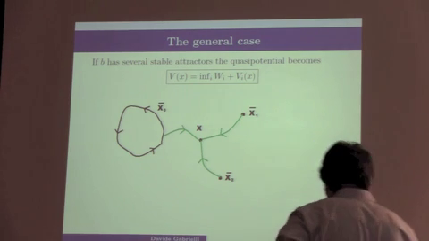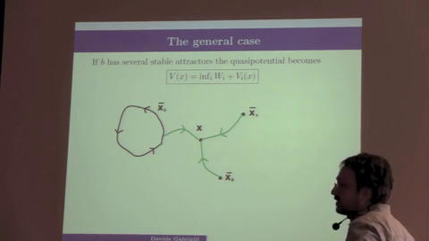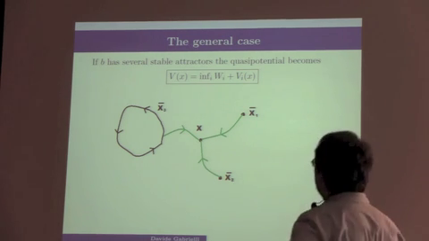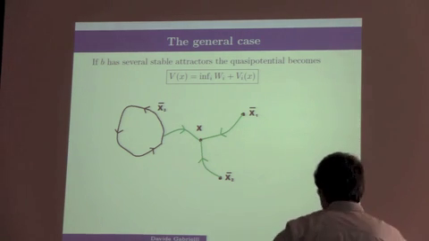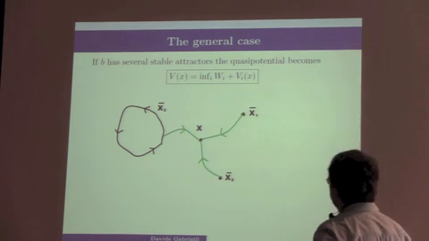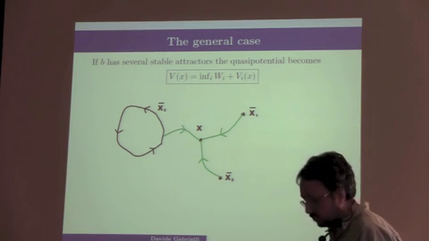Then from any stable equilibrium point, you have to find the optimal path that goes to X, and you have to minimize over all of them. This is a very hard combinatorial problem, and then you have to minimize over all this.